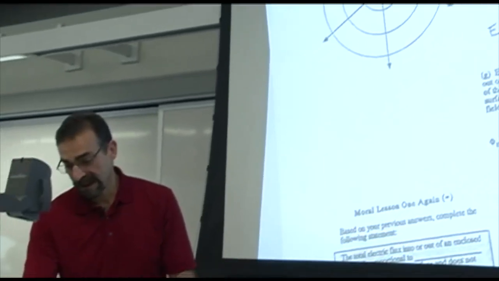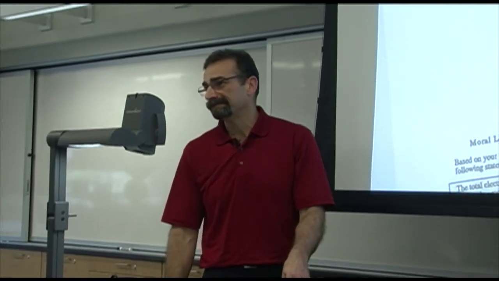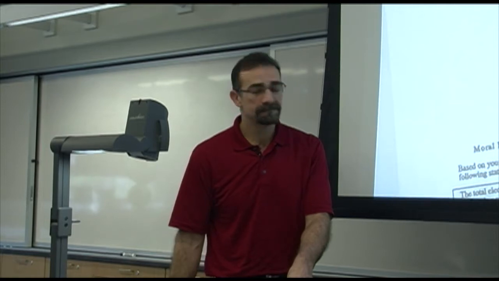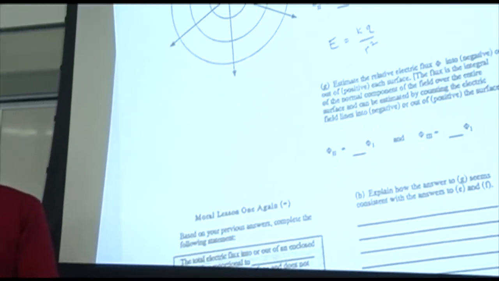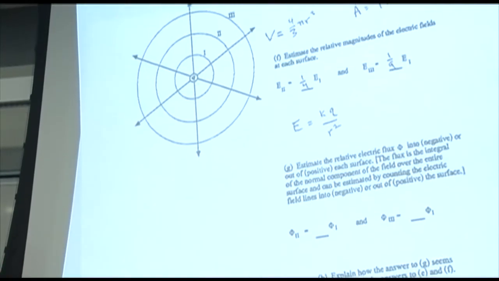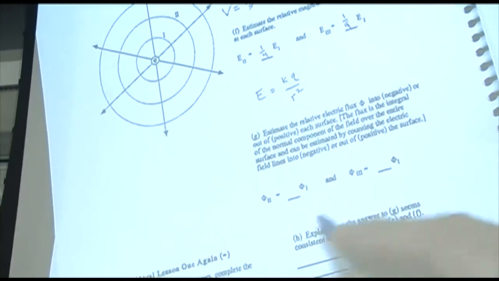Now we're comparing flux. How does the flux through 2 compare to the flux through 1? How do we find flux?